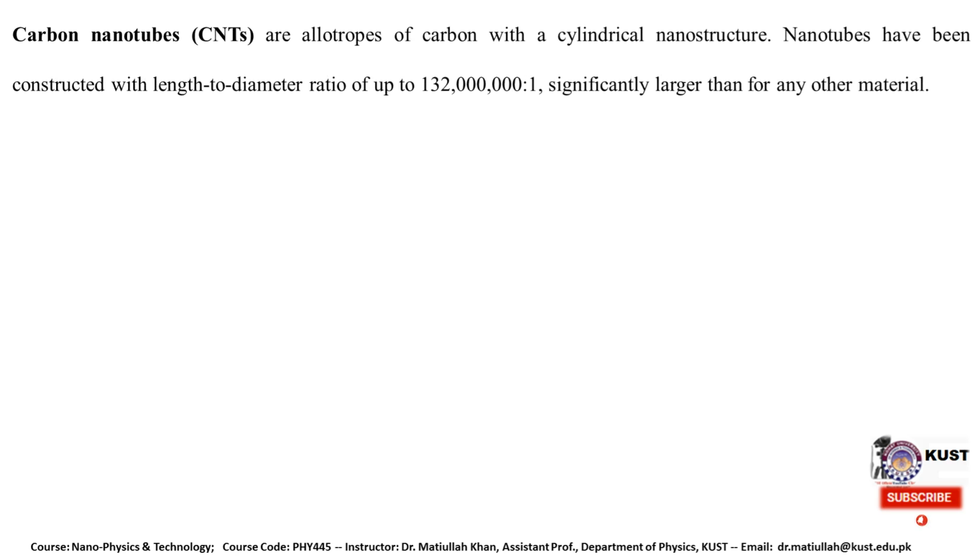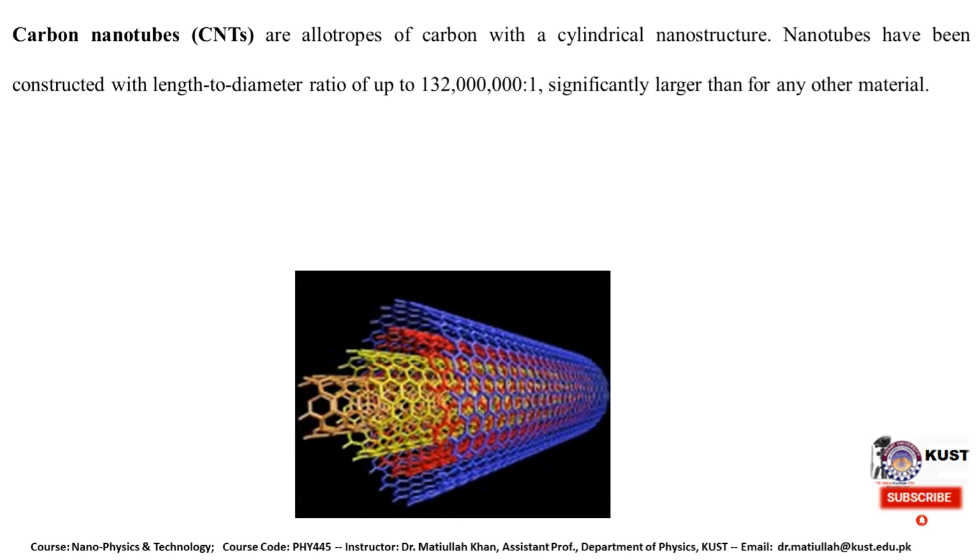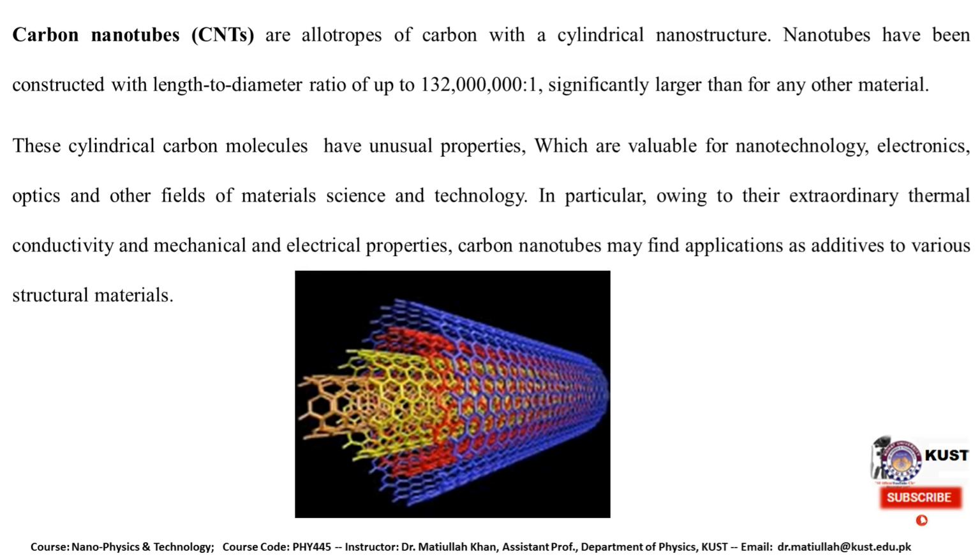The other allotropic form, and one of the most interesting structures of carbon, is the carbon nanotube. These are cylindrical nanostructures, constructed with a long length to diameter ratio, which is significantly larger than for any other material.